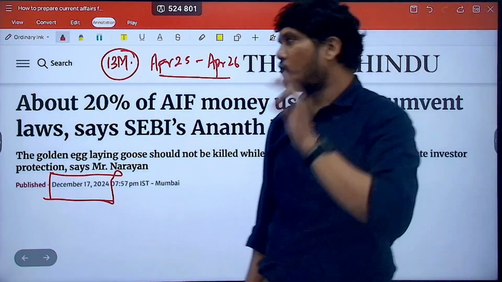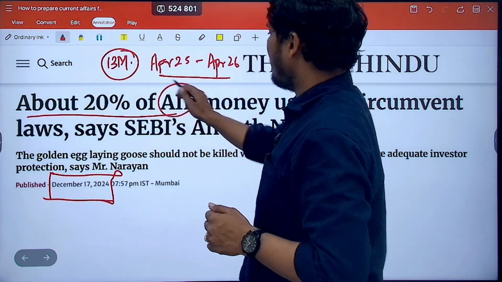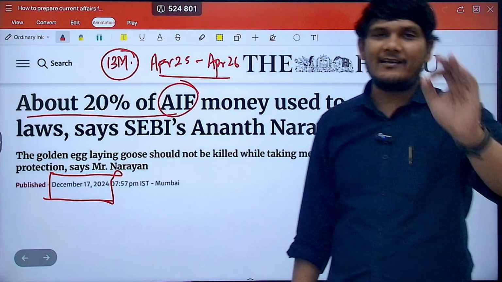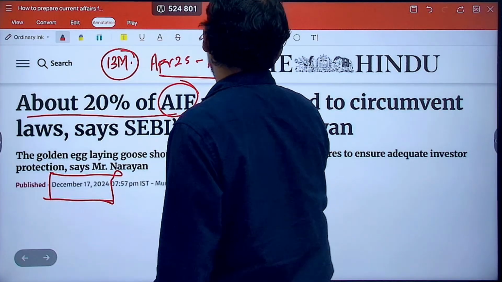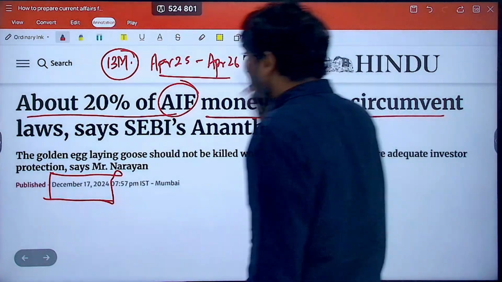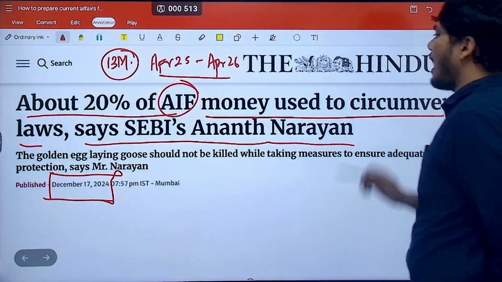Let us see what the news is. The news says about 20% of AIF, that is alternate investment funds, money is used to circumvent laws, says SEBI's Ananth Narayan.